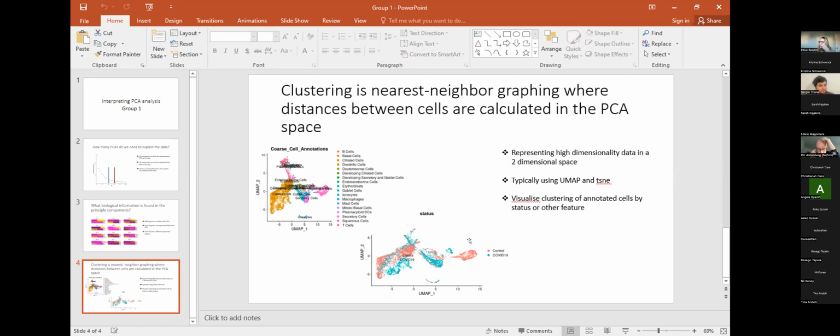So maybe this can signify that it's actually the same cells in the healthy and in the COVID patient, just that in the COVID patients the virus has infected the cells.